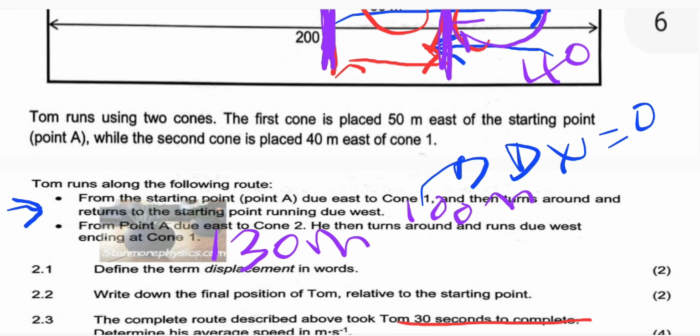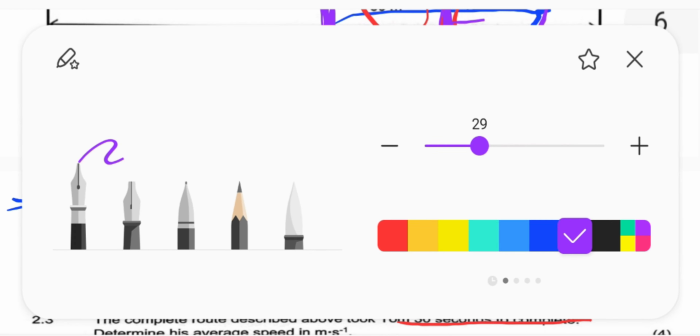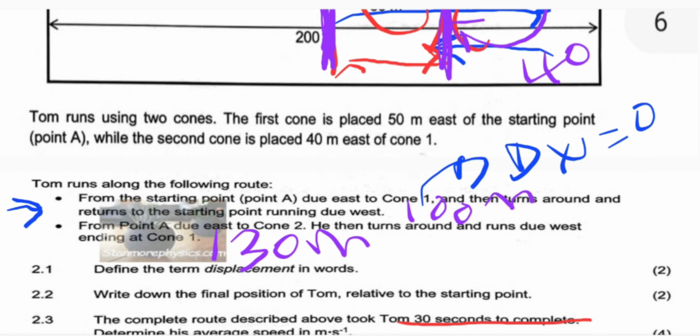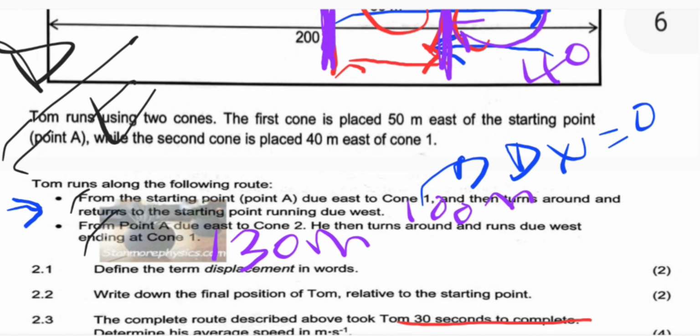Now to find the speed, remember, speed is the total distance covered per unit time. That is what we usually say when we answer questions. So what is the total distance covered? It will be the 130 meters plus the 100 meters, which will be 230 meters.